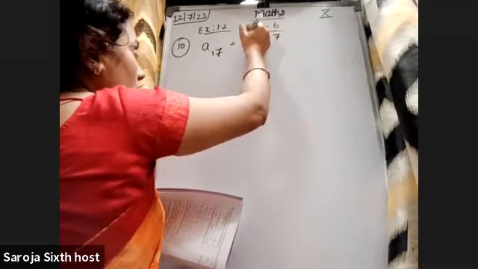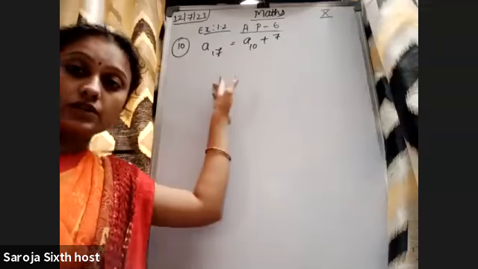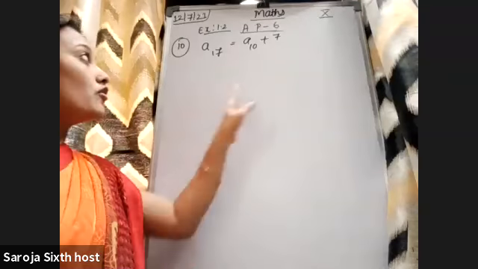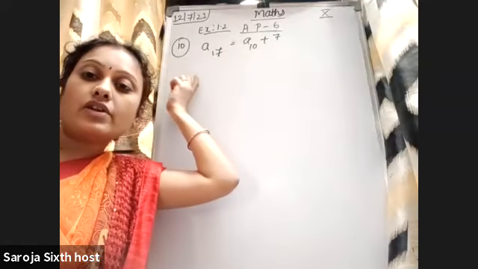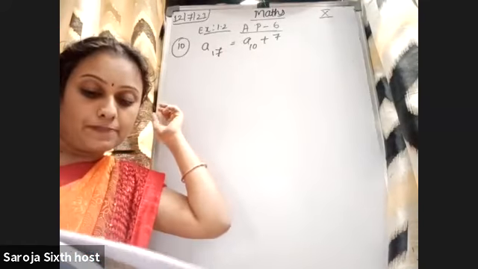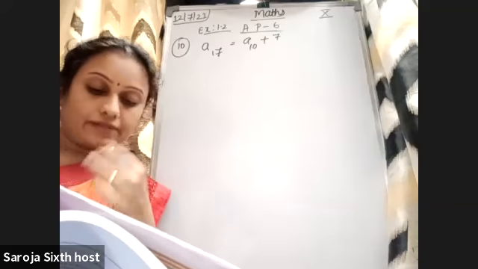What is the meaning of this? Means if you want to get the 17th term, how are you getting it? For the 10th term, if you add 7, you are going to get the 17th term of an AP. Are you understanding?